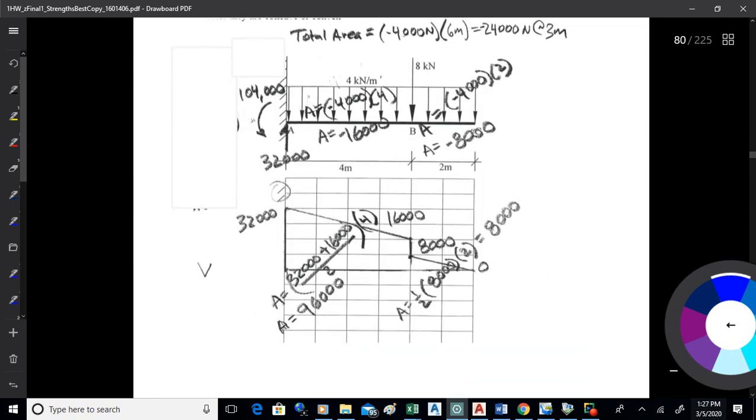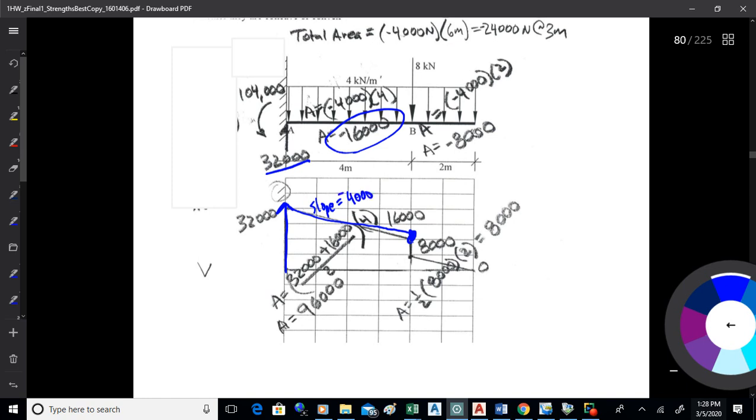All right, so what's going to happen here on the shear is I'm going to start at 0. I'm going to go up 32,000. Then I'm going to drop by 16,000. Okay, so I'm at 32,000, I drop by 16,000, and that gets me down to 16,000. Now the slope here is equal to the value of the load, I should say, and that's negative 4,000.